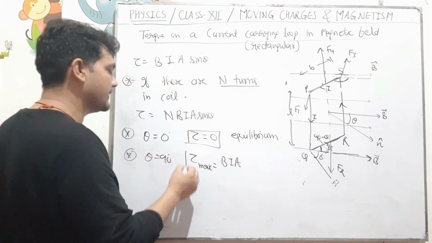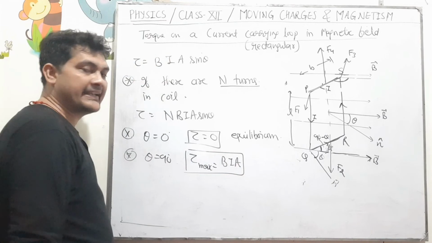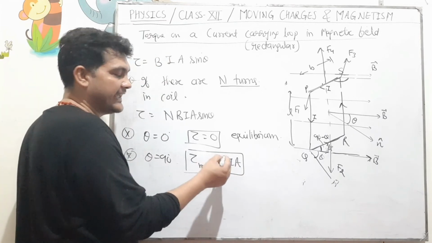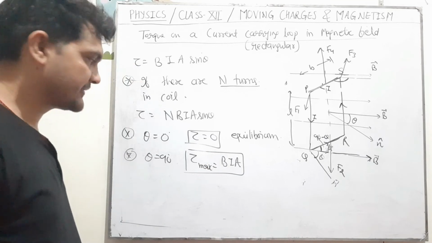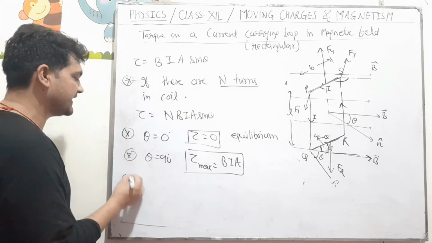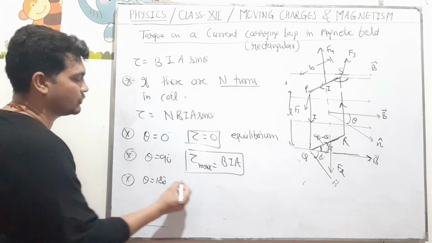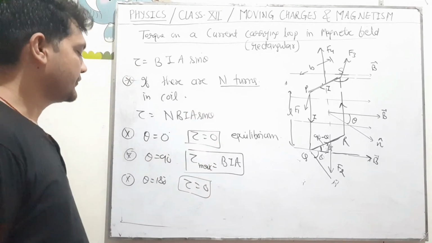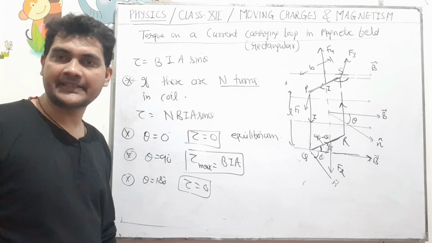Therefore, the torque will be maximum, and it will be BIA. If there are n turns, then it will be nBIA. Now, if theta is 180 degree, then sin 180 is 0, so again the torque is 0. So, these are the special cases.